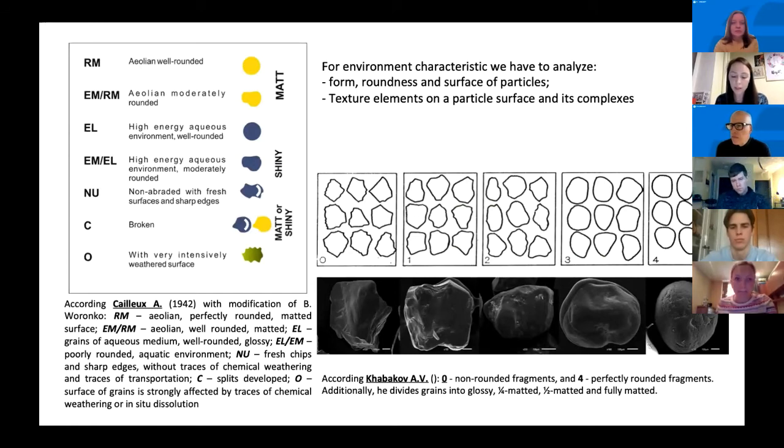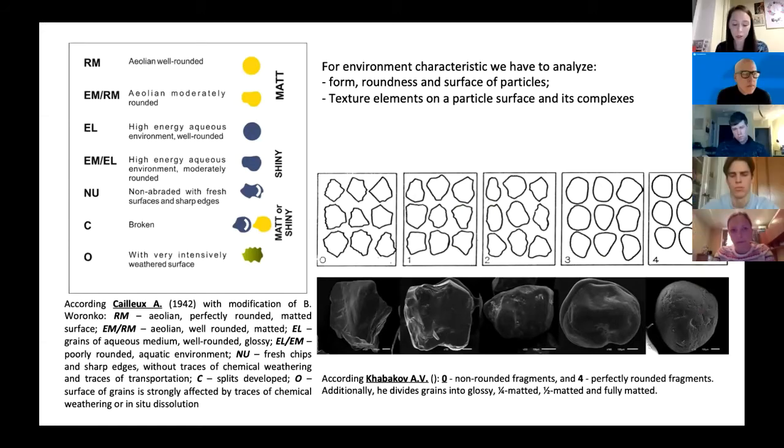Thus, glacial deposits are characterized by angular outlines and sharp edges, and the wind brings the particle to a perfectly rounded shape and makes the surface matte. For the analysis of grains, we consider the concept of matting of the surface.